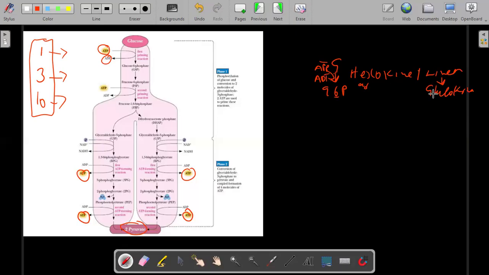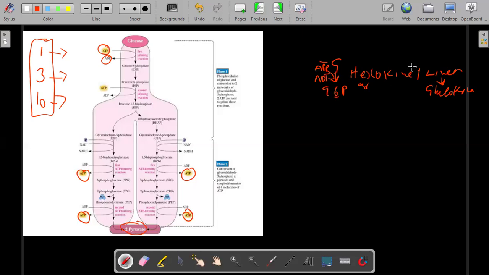And in the liver, glucokinase is the one which does that work. You won't find hexokinase in the liver. So pay particular attention to such details so that you don't miss it. If it's in the liver, just make sure you go for glucokinase, even if hexokinase is there, because you won't find hexokinase in the liver. So that's the first step.